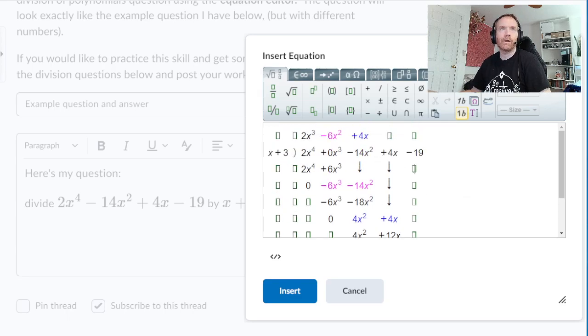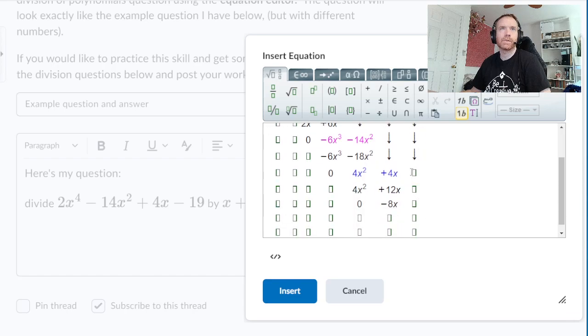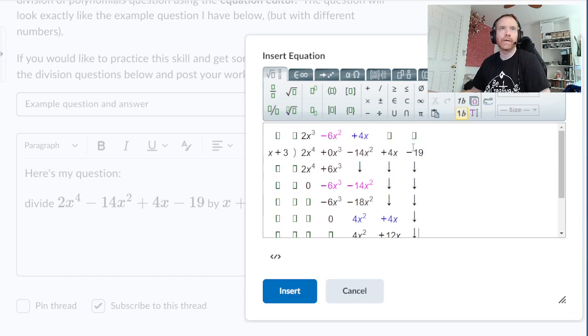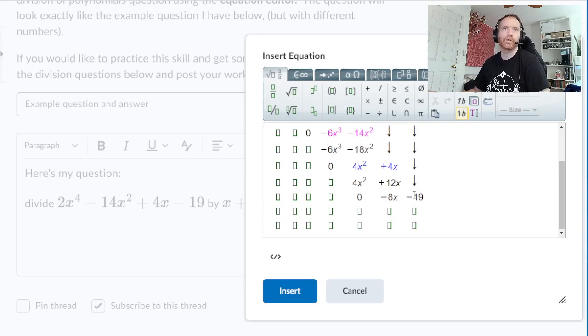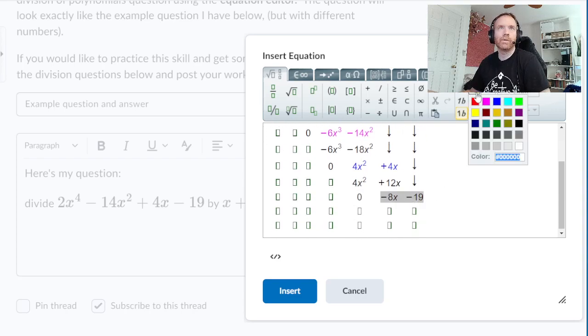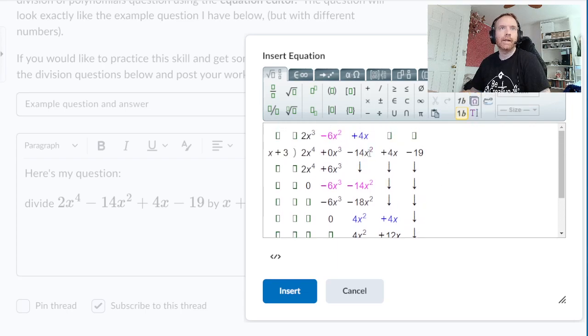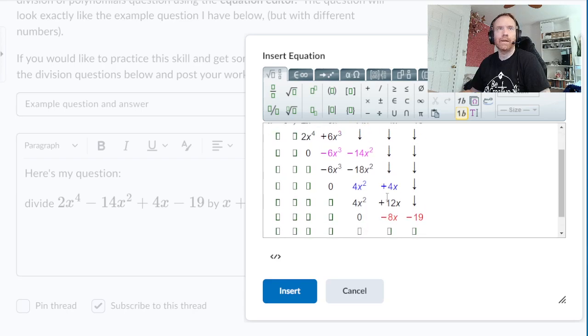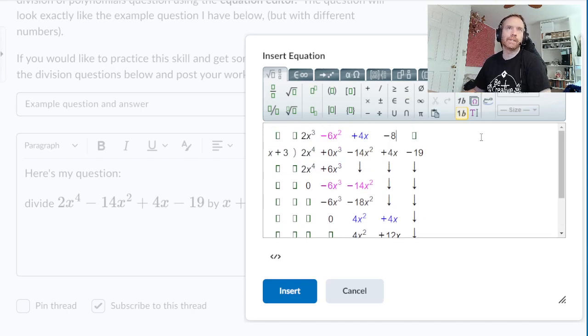Okay, one last time. I'm going to copy my arrow here. Paste, paste, paste, paste, paste. And I'm bringing down a negative 19 for the final step of my question. Once again, let's give this binomial here a highlight. We'll give it red, let's say. And I need a number up top that's going to multiply by x in order to make negative 8x. So my number is negative 8.